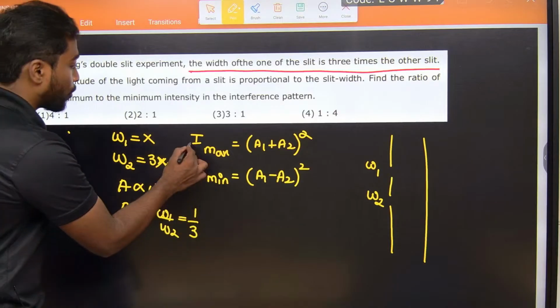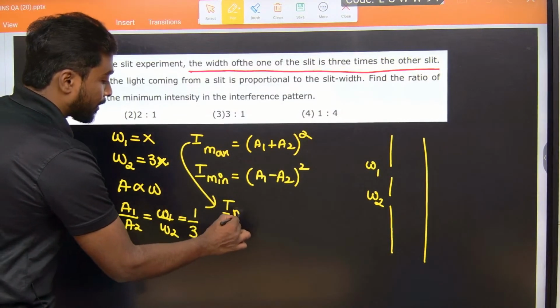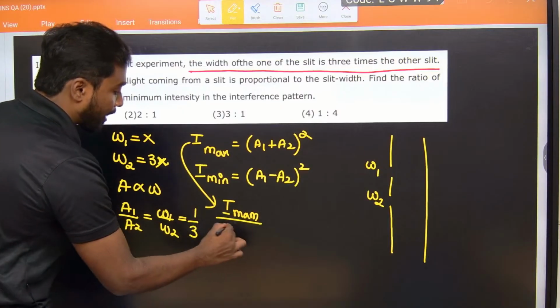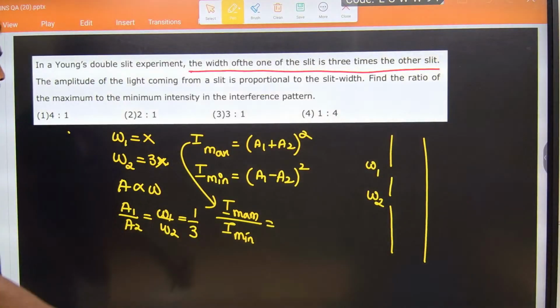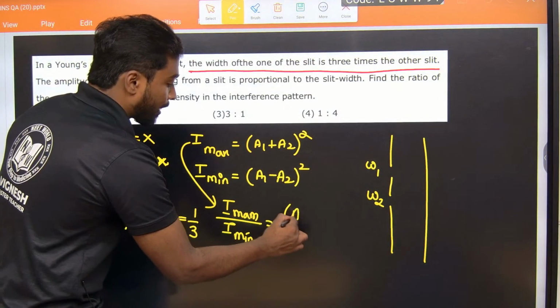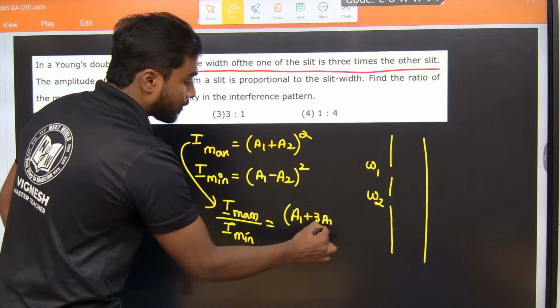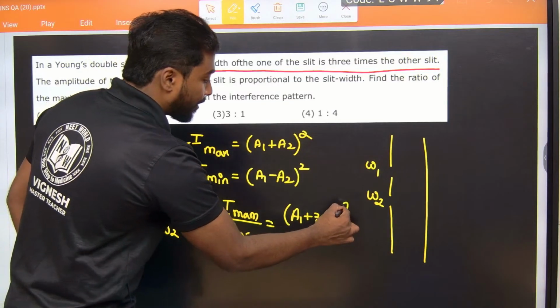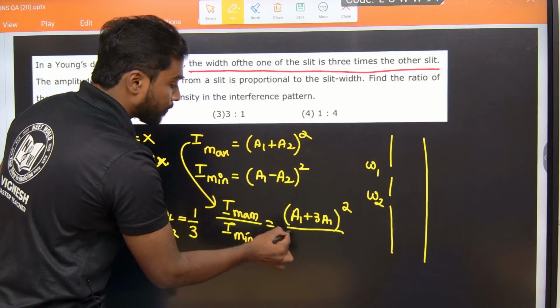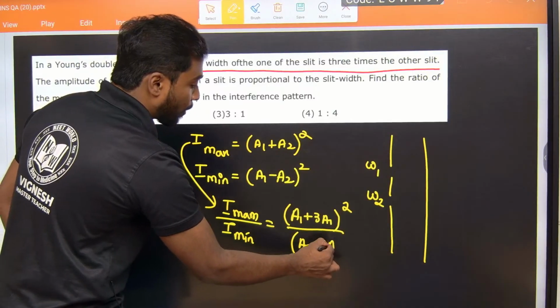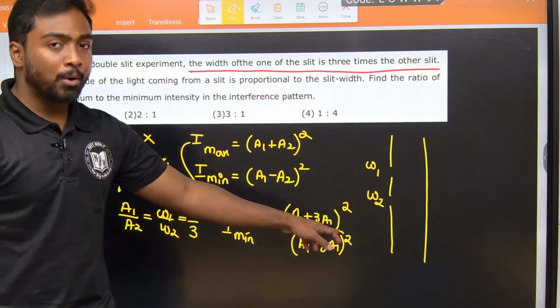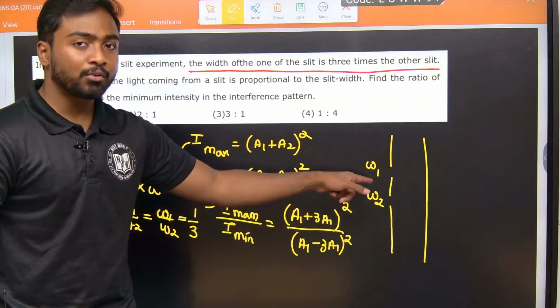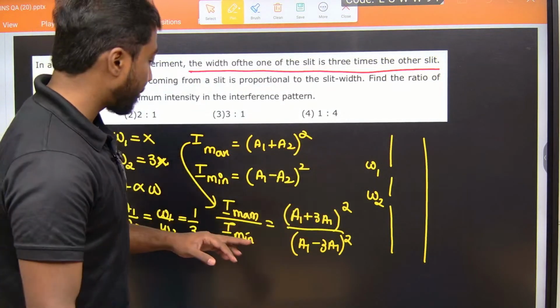So if I take I max by I minimum, this is the ratio I need to find. The ratio will be (A1 plus 3A1) power 2 by (A1 minus 3A1) power 2. A1 plus 3A1 is 4A1, and 4A1 whole square is 16A1 square.